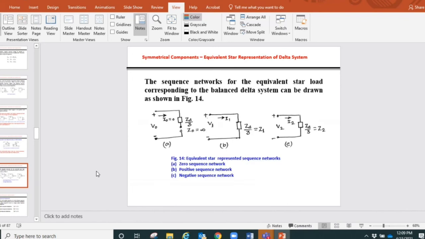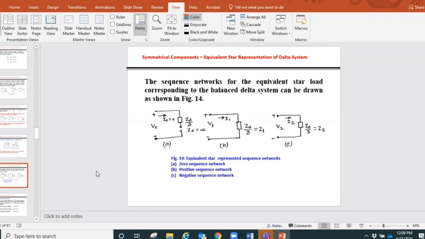You calculate the inductive reactance X, which is 2 pi f L. So if you have L constant and you increase f, what will happen? The inductive reactance will change. If you increase the frequency, the inductive reactance will be more.